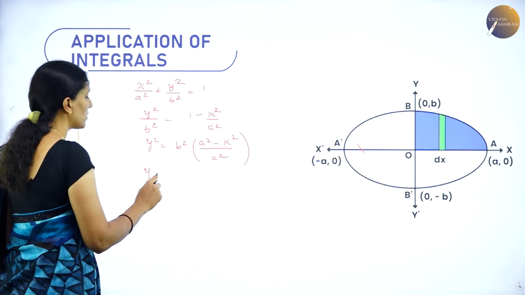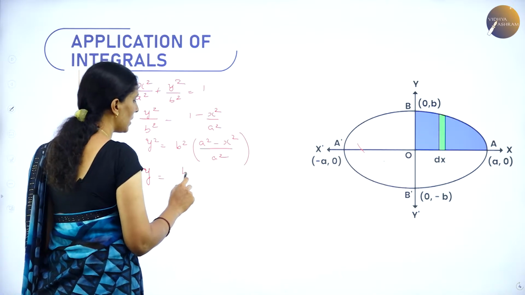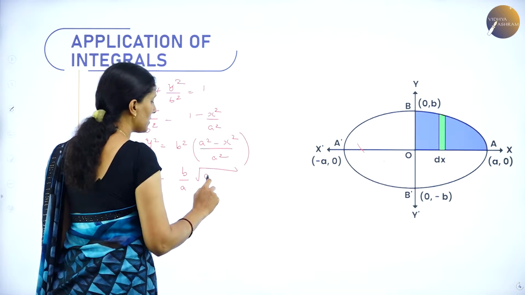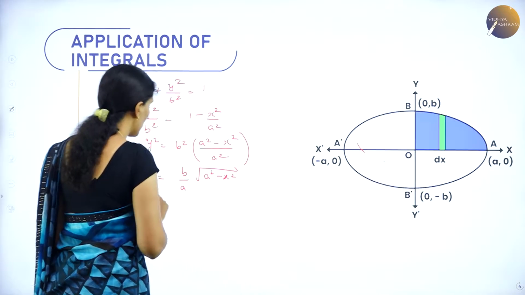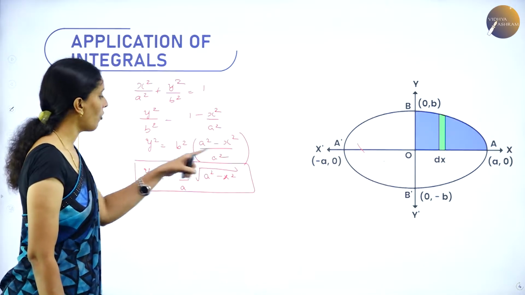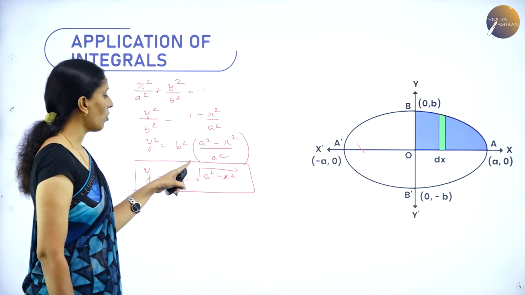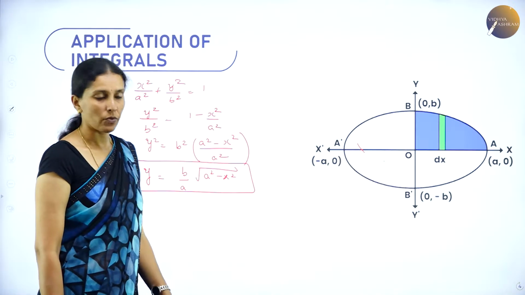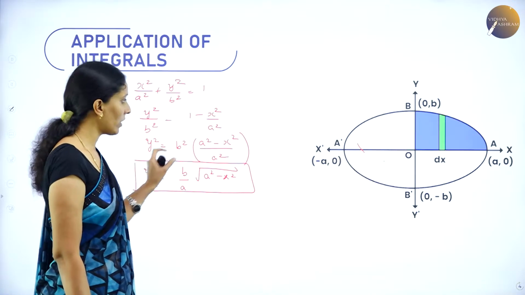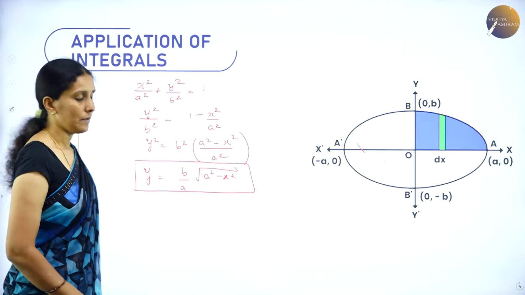Taking square root on both sides, b square becomes b, a square becomes a, we can take it outside, and here it becomes root of a square minus x square. So after simplification, we get the value of y as b by a root of a square minus x square. Now let us apply the definite integral so that we can find the area of the ellipse.